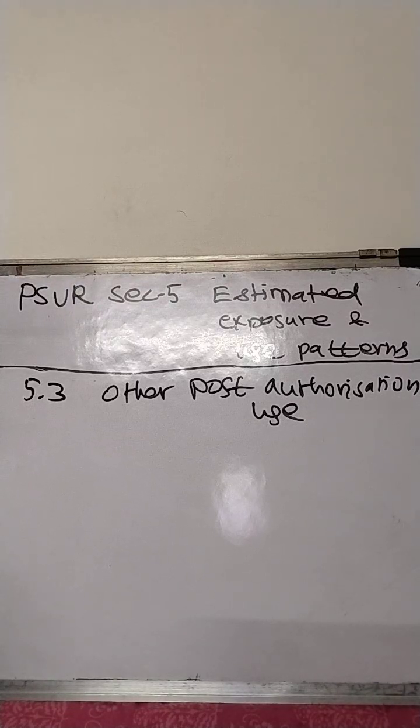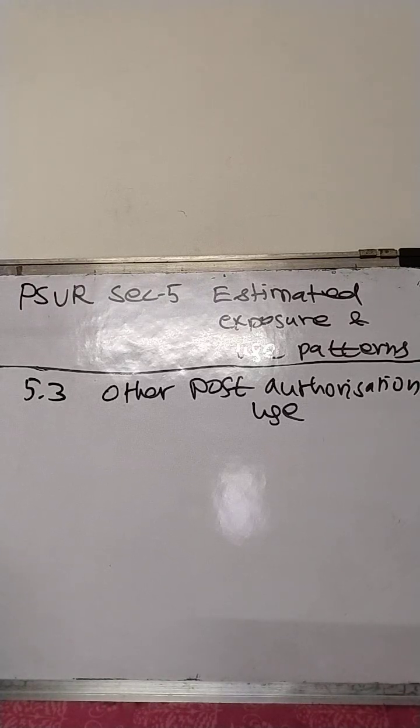That needs to be analyzed and presented in this section. Based on that, if you noted any significant finding or any kind of signal, it has to be precisely mentioned here, and the signal part has to be taken into the respective section of the PSUR.